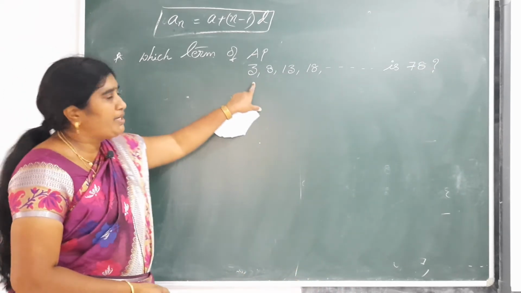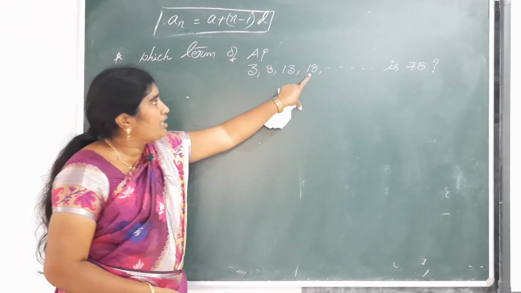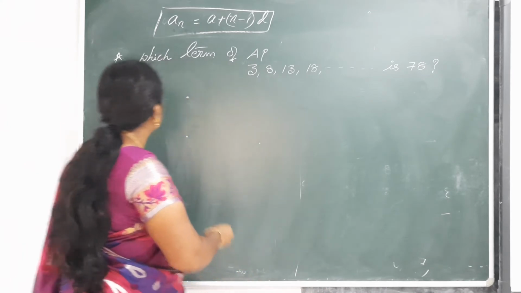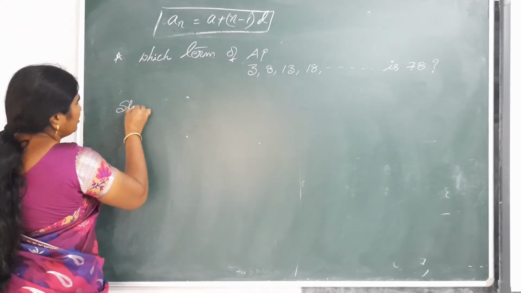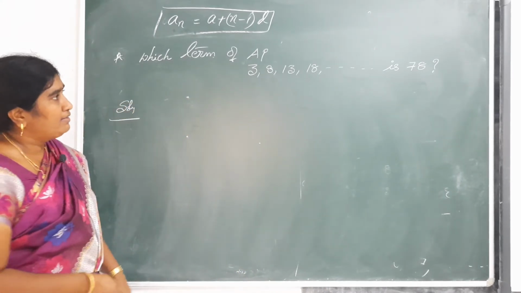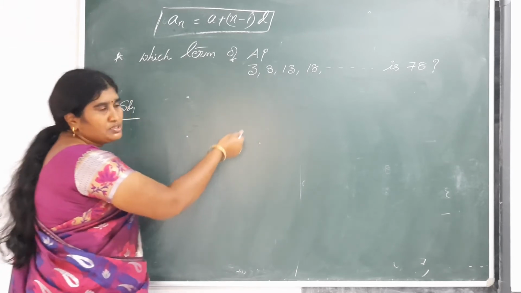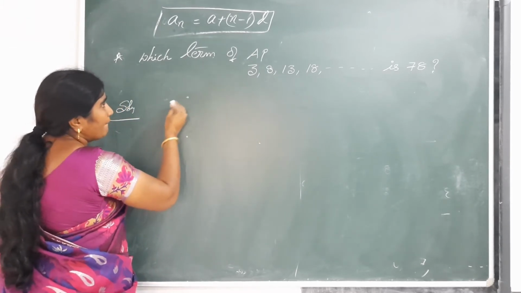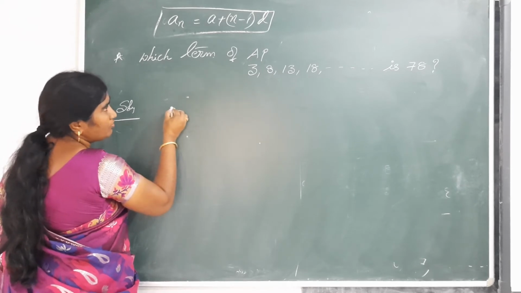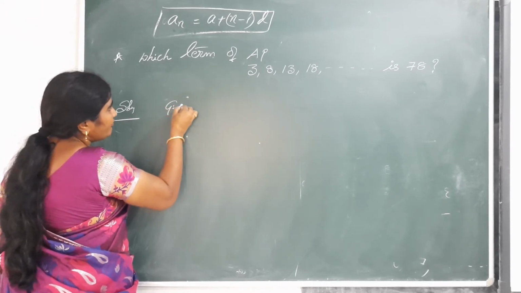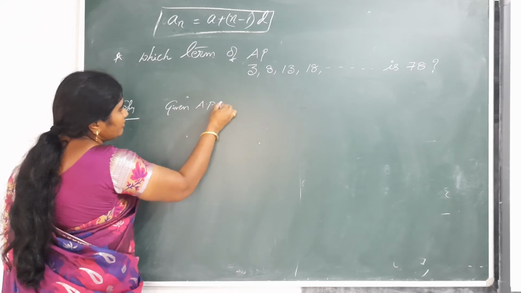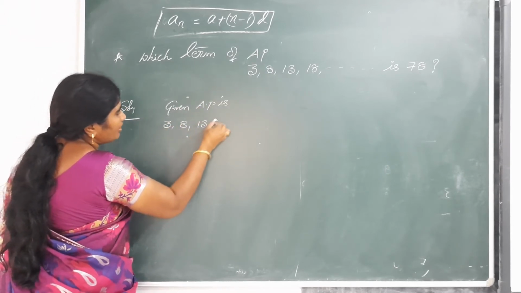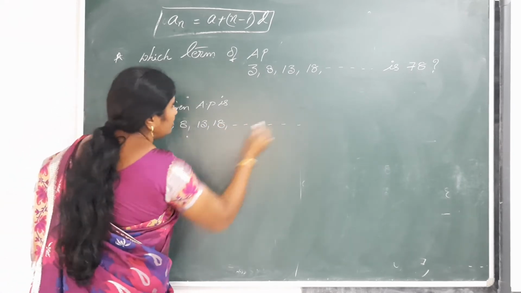Let the nth term of the AP equal 78. The given AP is 3, 8, 13, 18 and so on.